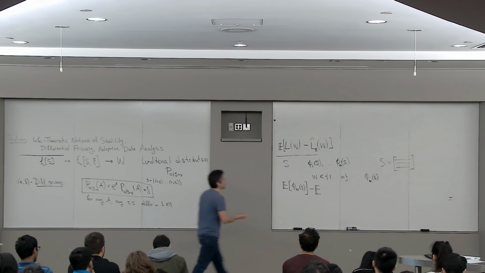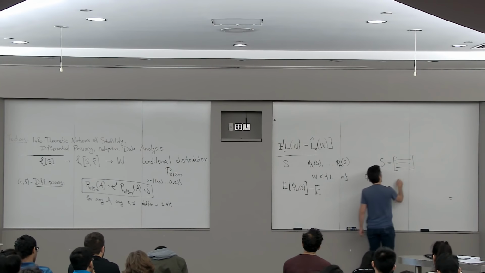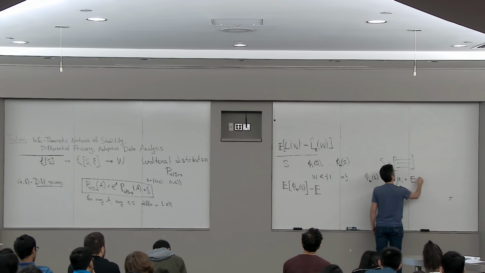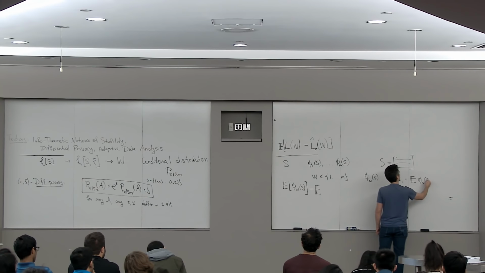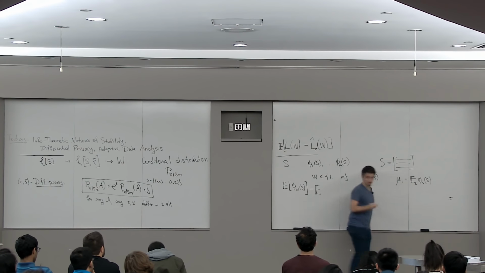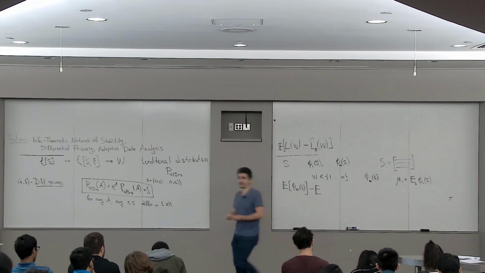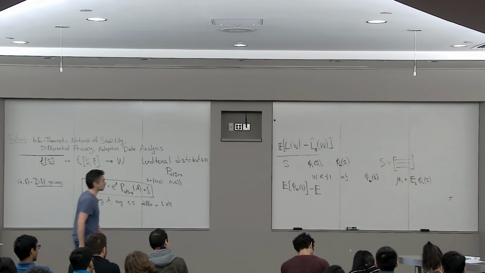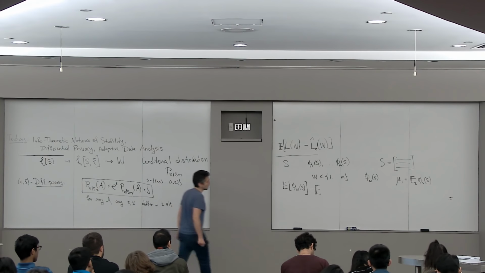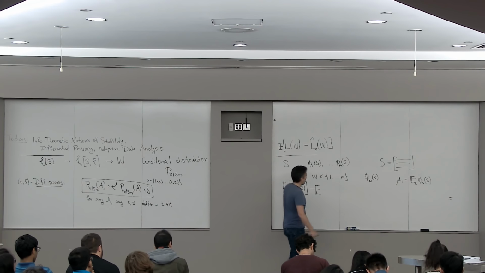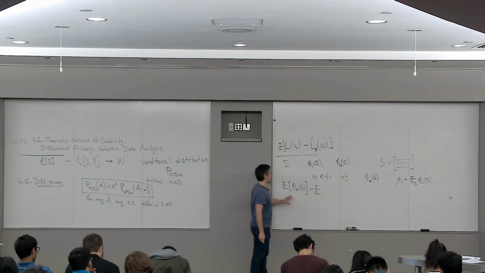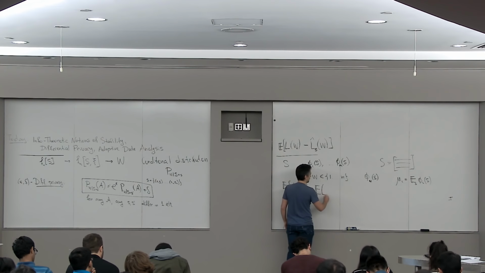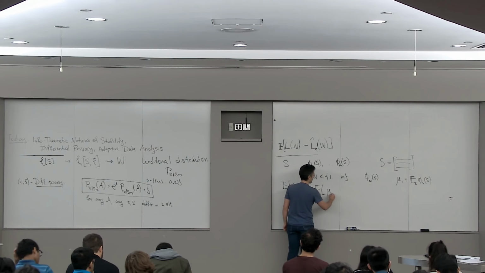There is some unknown mean, mu i, which is the expected value of phi i of S when you draw different data sets S. So what you are interested in is this quantity.